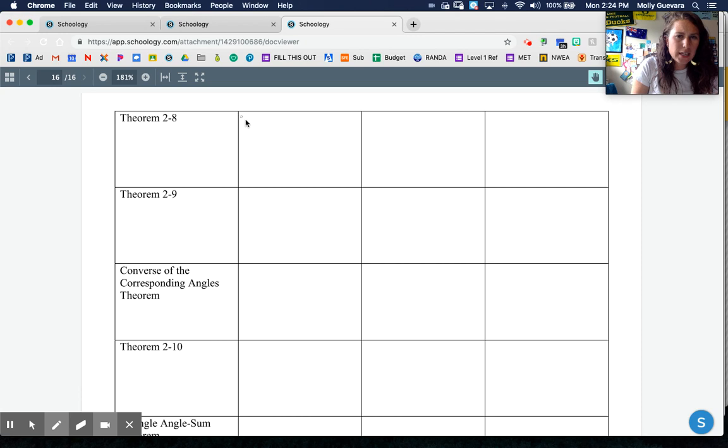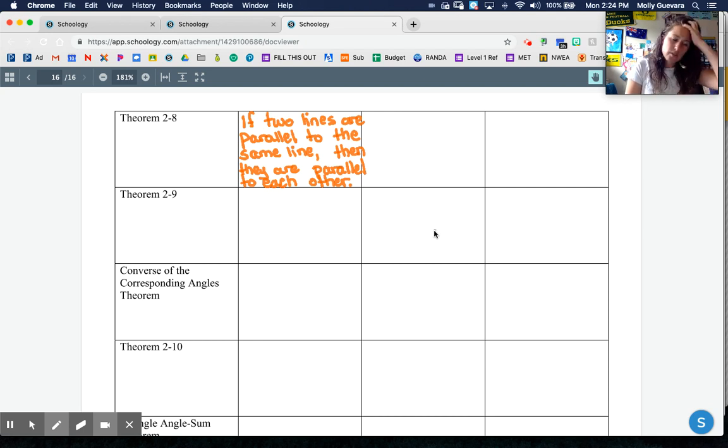Okay, 2-8 says if two lines are parallel to the same line, then they are parallel to each other. So we're going to look at this and see what this means, okay?